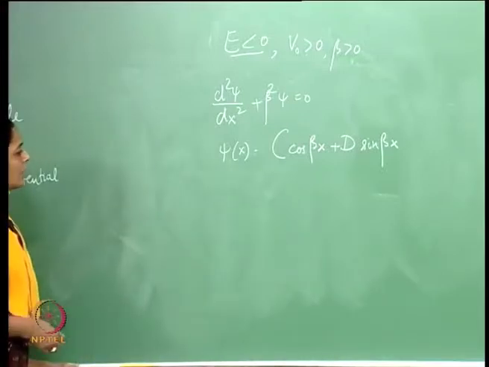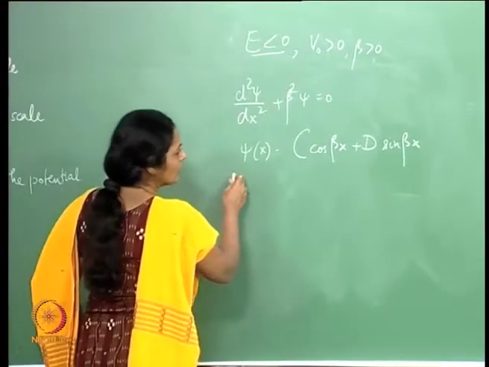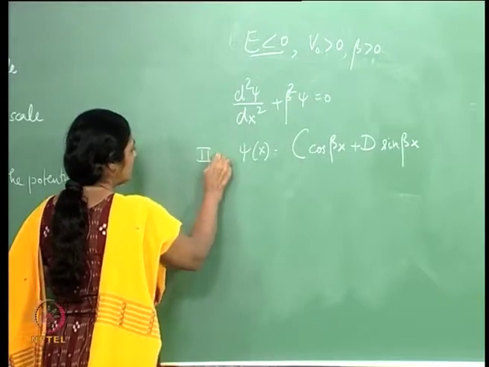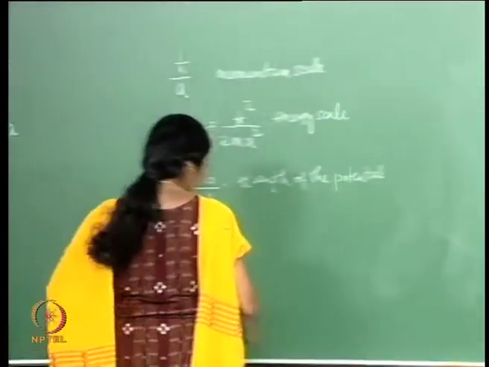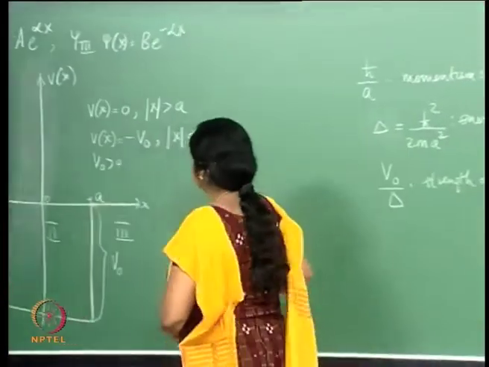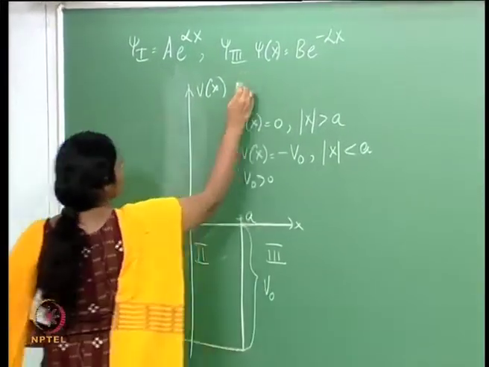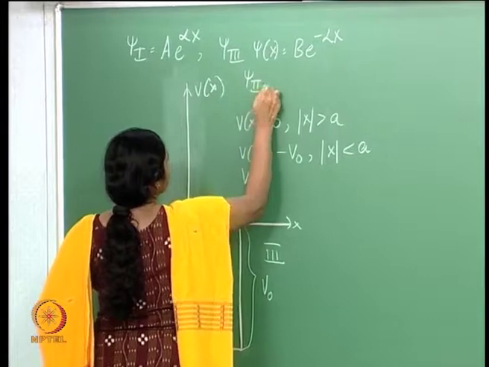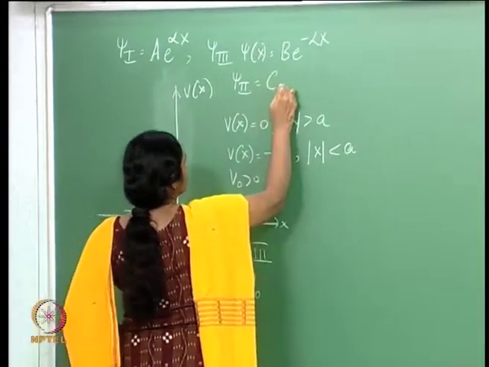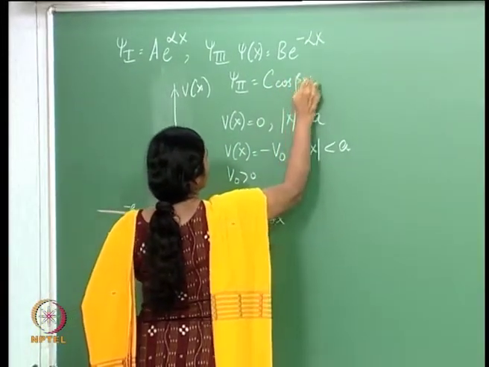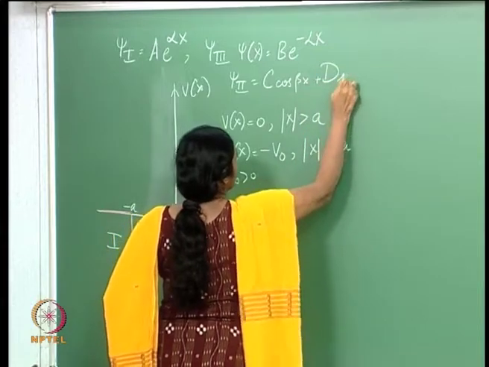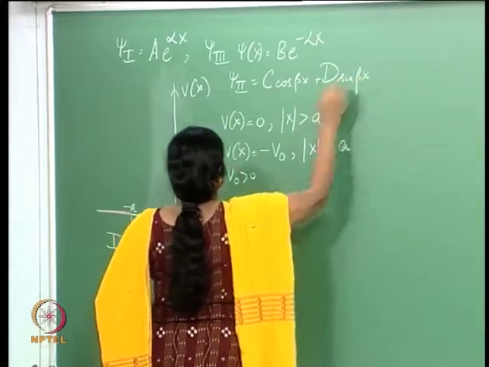Now we come to boundary conditions. So this is the solution in region 2. So let me write that there. Psi in region 2 is c cos beta x plus d sine beta x.